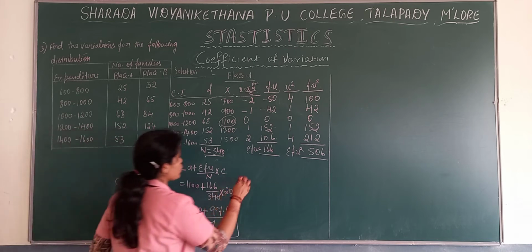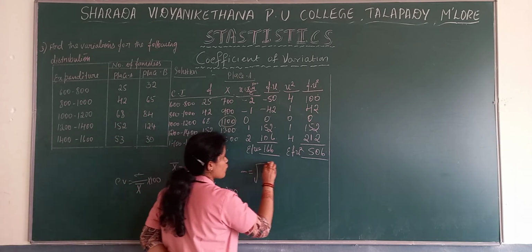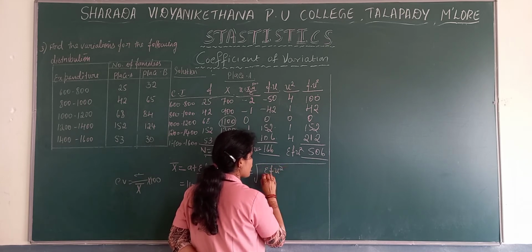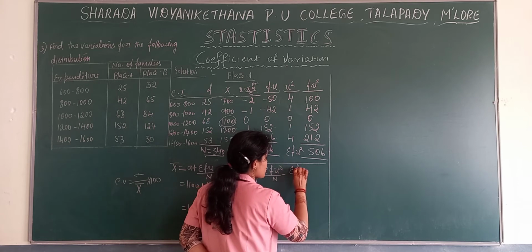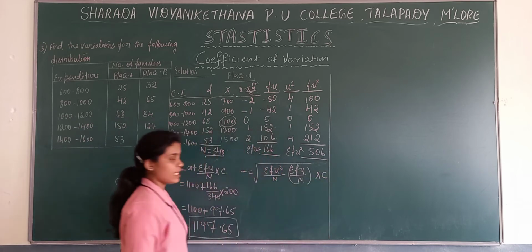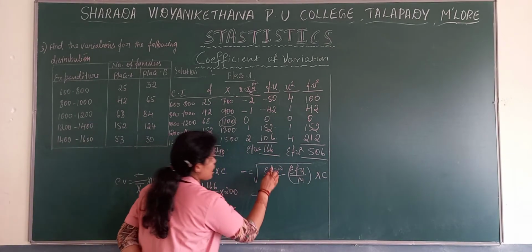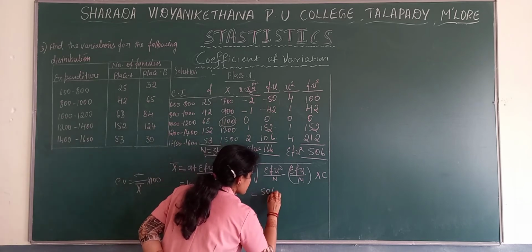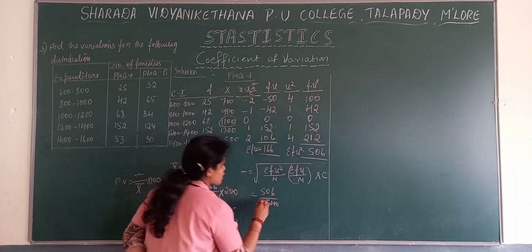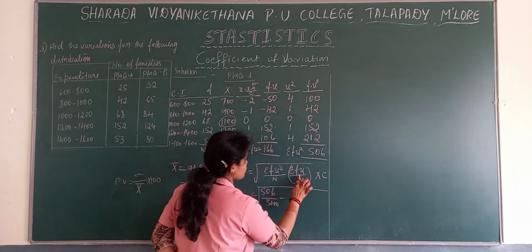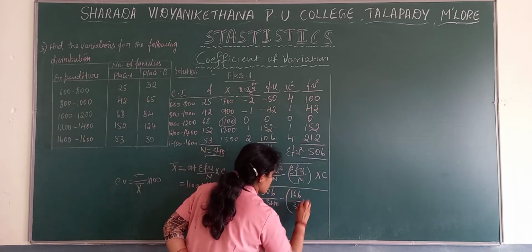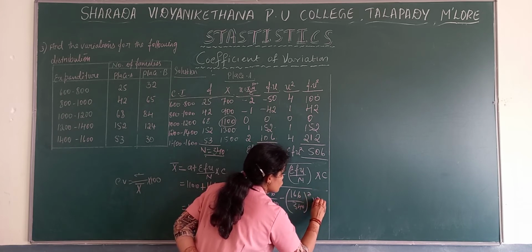Now next we need to find the standard deviation. Write the formula: square root of sigma FU square by n minus the square of sigma FU by n, outside the root into C. Here FU square we got as 506 by n, which is 340, minus FU we got as 166 divided by 340, whole square, into 200.